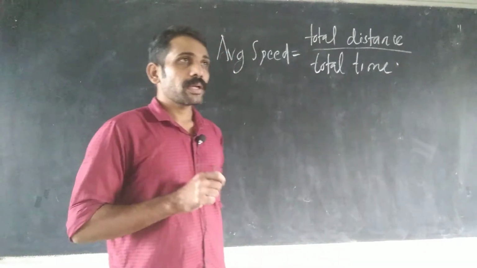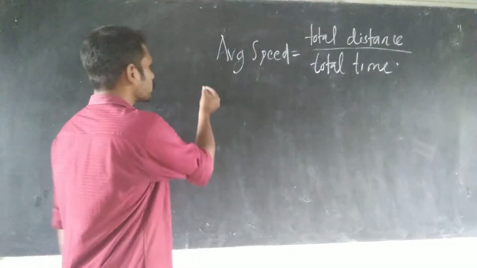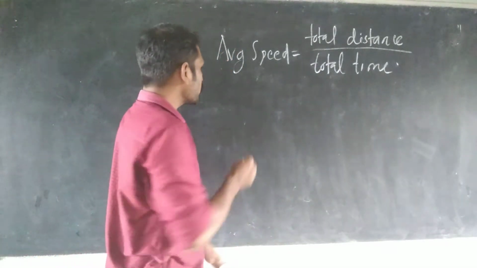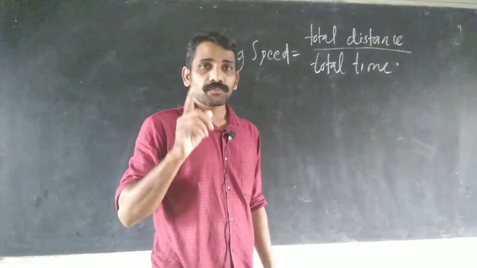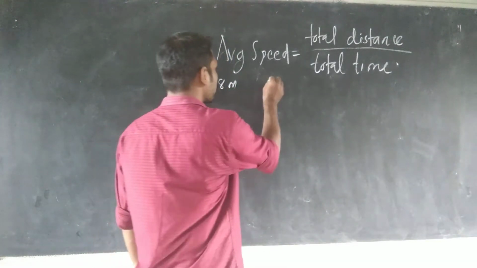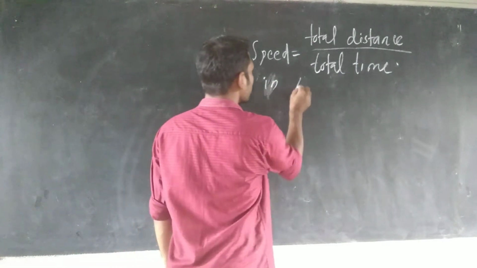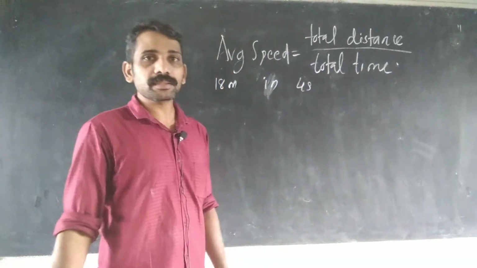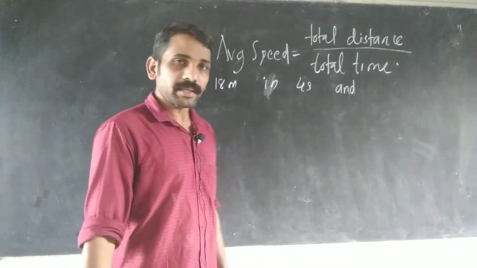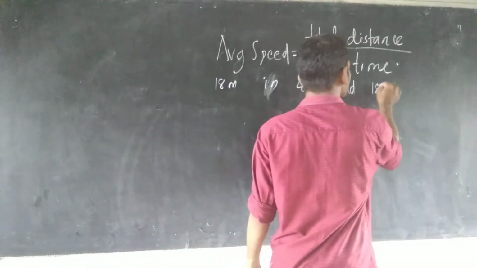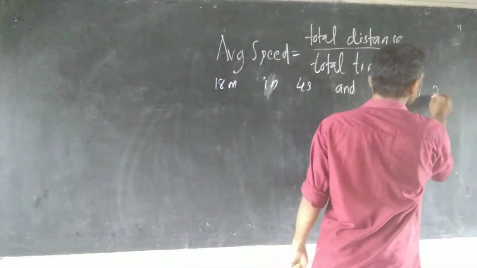Suppose an object moves 18 meter in 4 seconds and another 18 meter in 2 seconds.